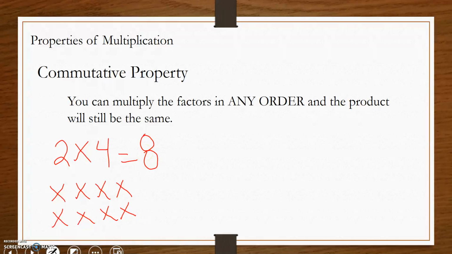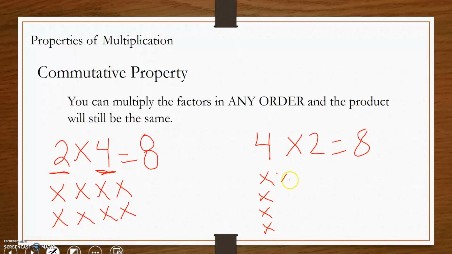Well, to use the commutative property, if I take the 2 and the 4 and flip them around into 4 times 2 equals 8, and I have 4 rows with 2 in each row, I count them all together, and my answer is also 8. And this can work if I have 3 factors, or 4 factors, or 5 factors. It doesn't matter the order, the answer will still be the same.